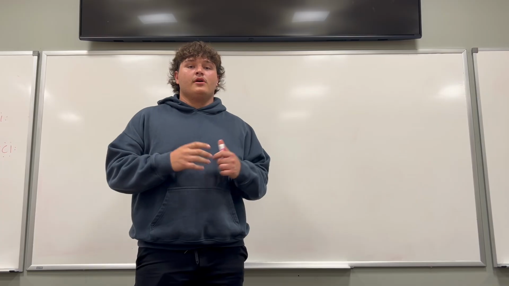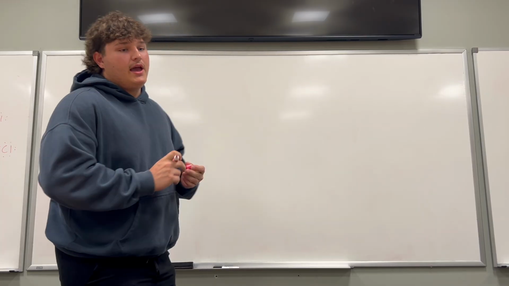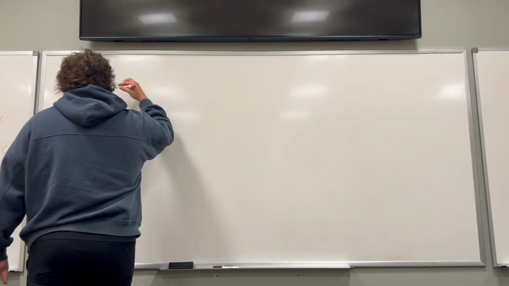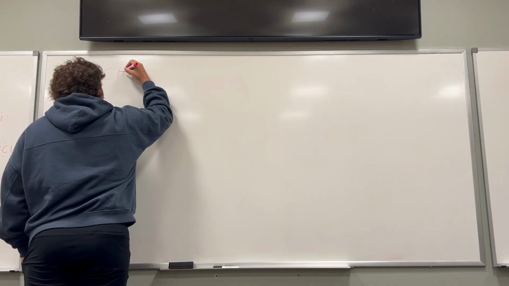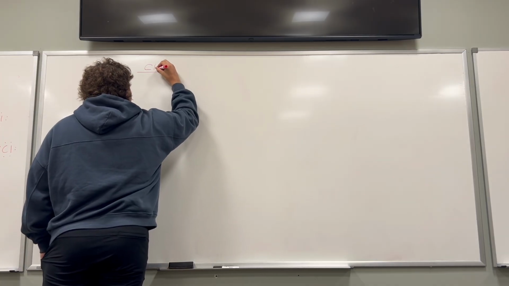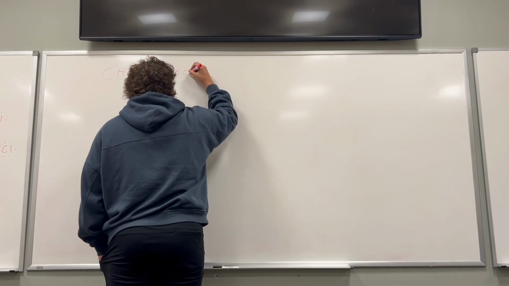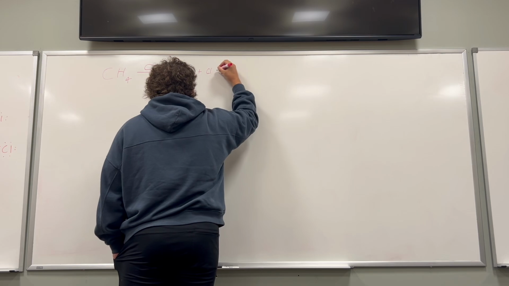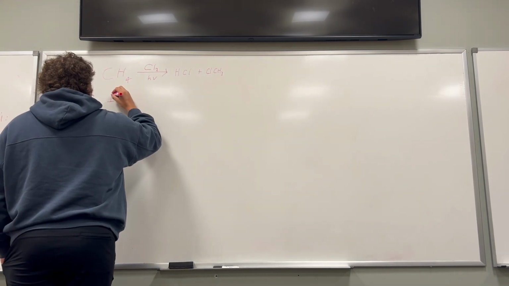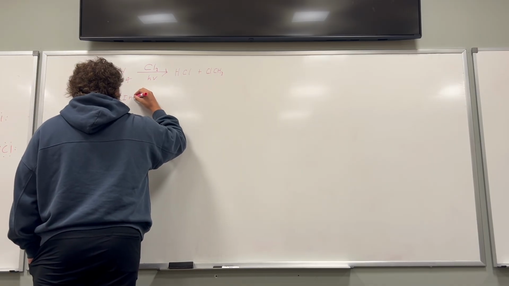All right, so the reaction that we have is free radical substitution, and in this reaction there are three steps. I'm just going to start off with the reaction that we're using. The first step is an initiation step.